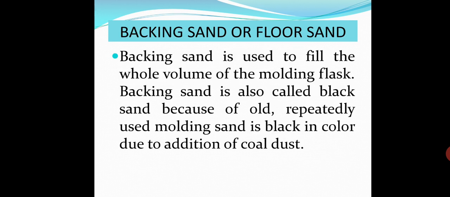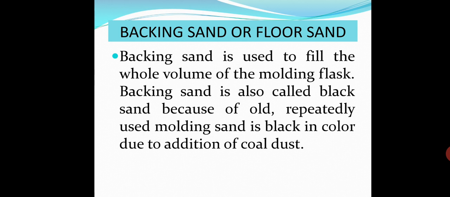Next is backing sand or floor sand. Backing sand is used to fill the whole volume of the molding flask. Backing sand is also called black sand, because old, repeatedly used molding sand is black in color due to the addition of coal dust.